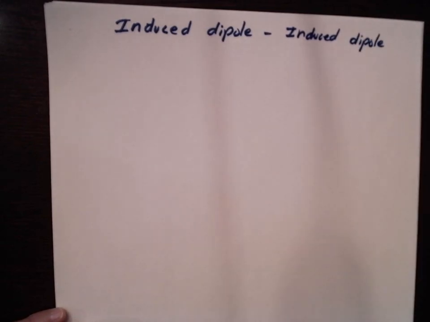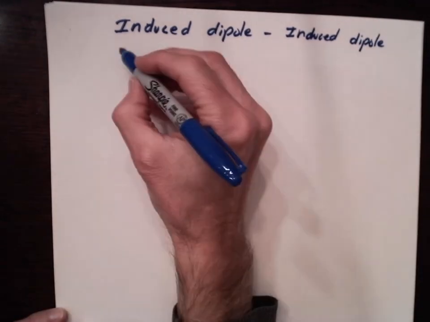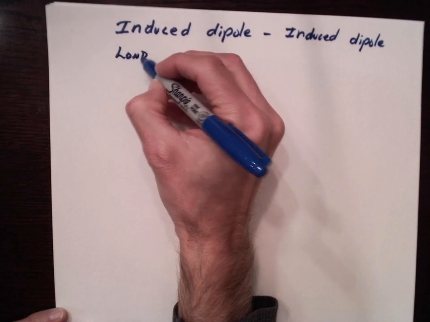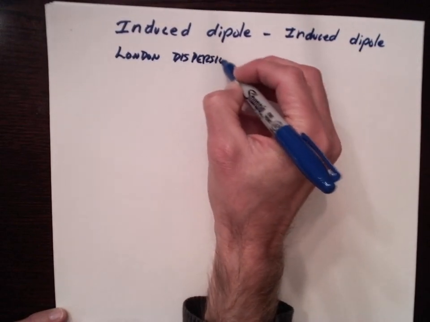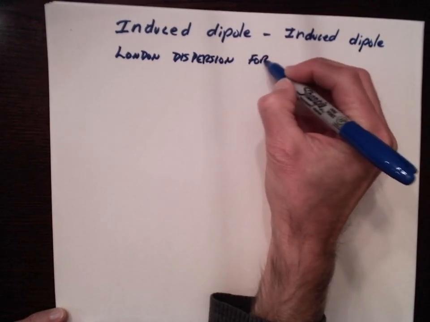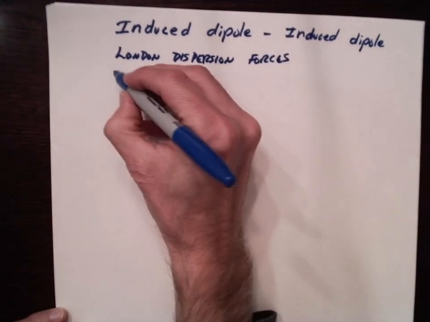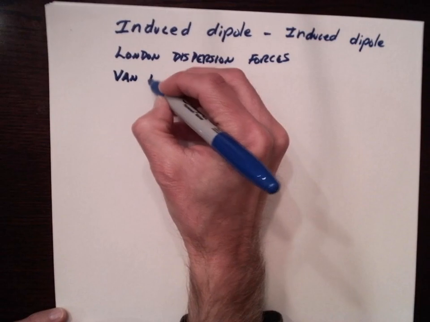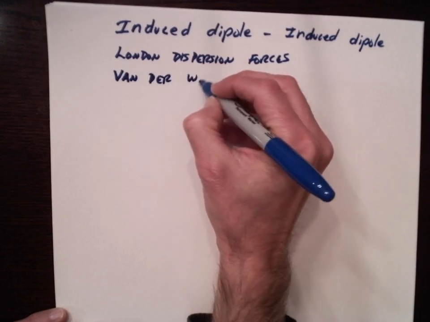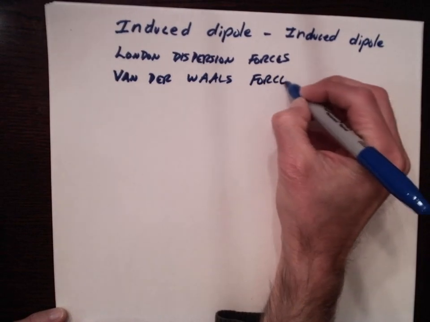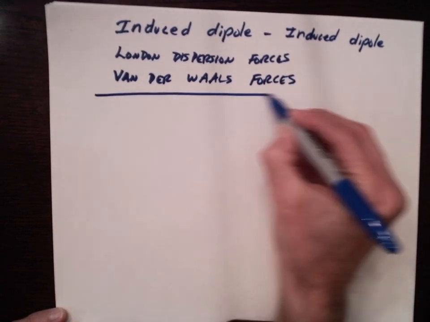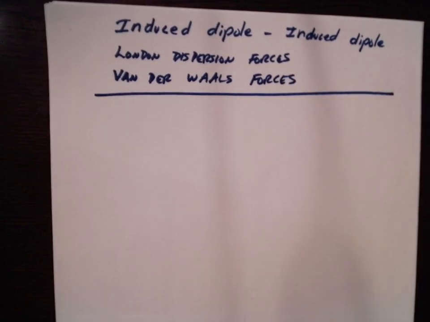Sometimes these are called London dispersion forces. You might hear it called this. You might also hear them called van der Waals forces. So what in the world's going on here?